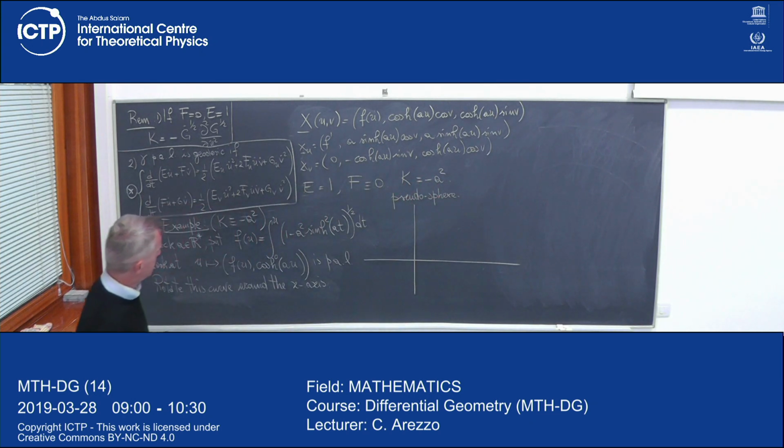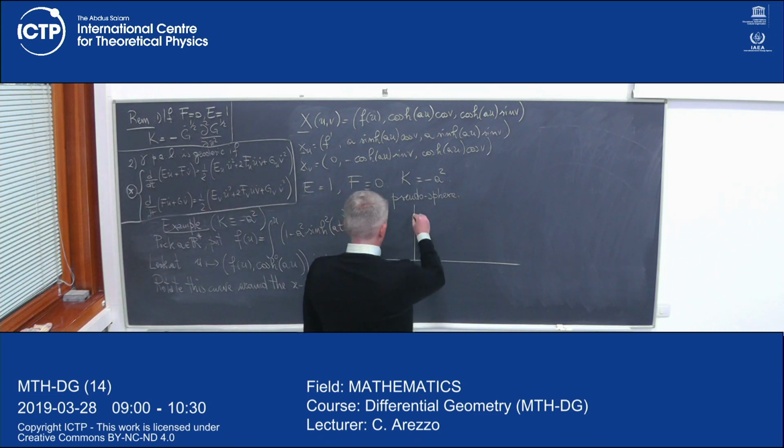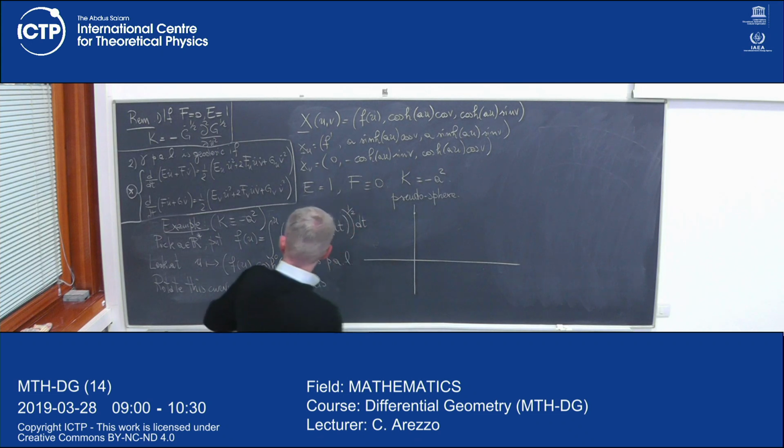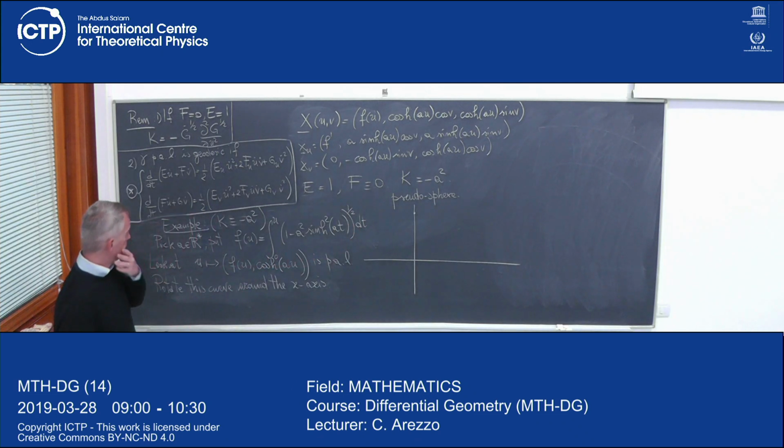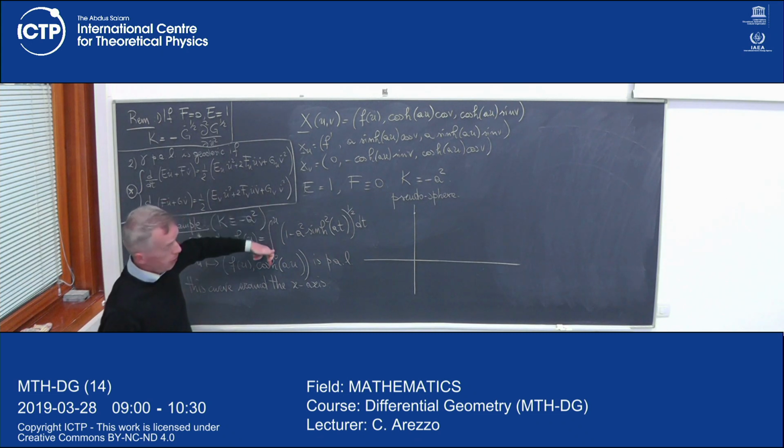Everything boils down to drawing this curve, because once you draw this curve, you are just rotating along the x-axis. So how does this curve look? Well, it looks like this. For u equal to 0, this function is actually 0, you're integrating between 0 and 0.